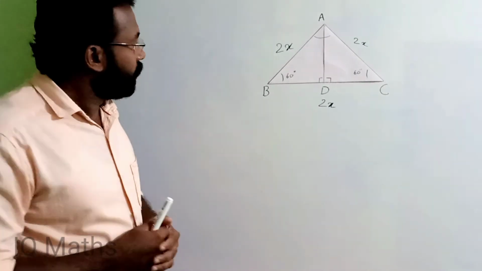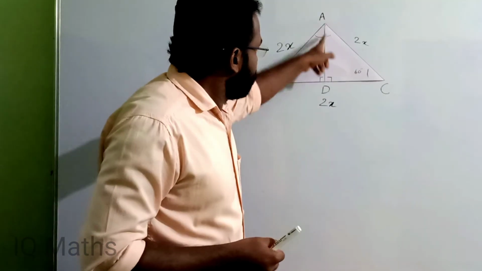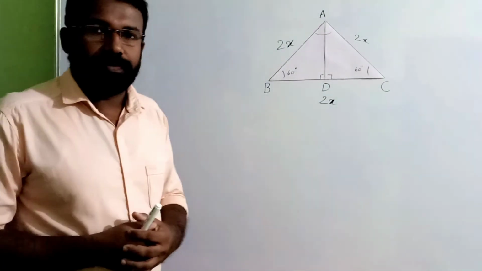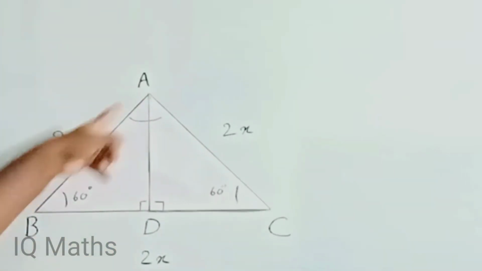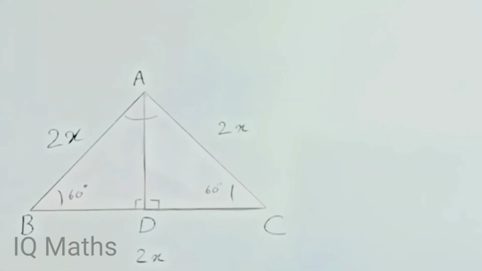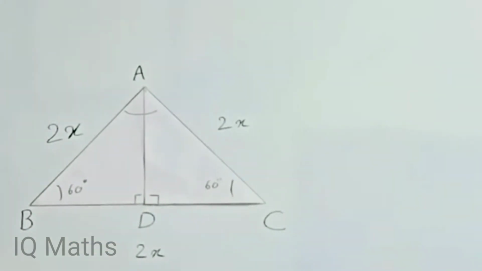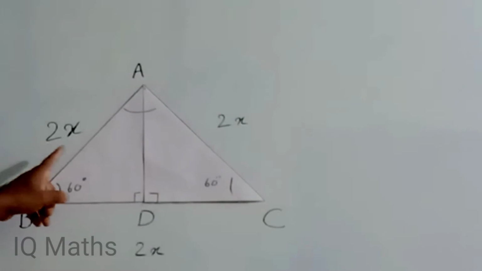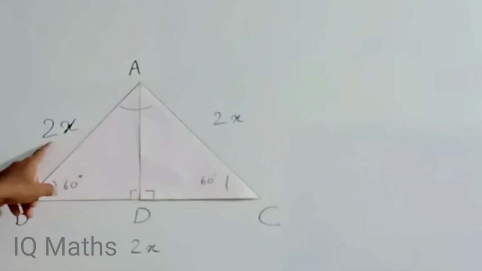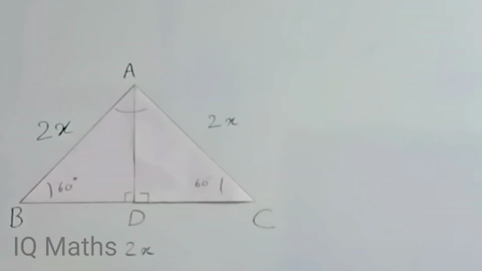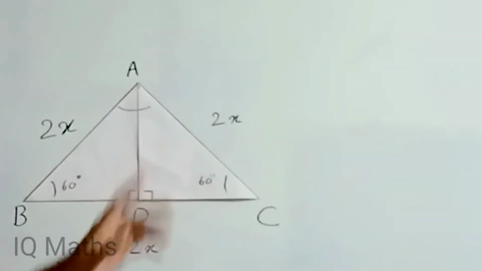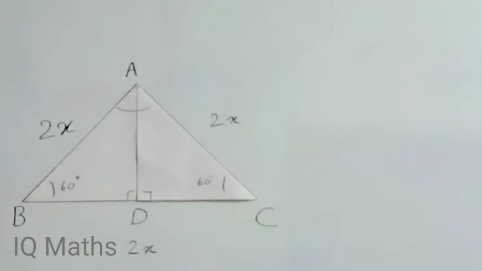Now consider two triangles ADB and ADC. ADB and ADC are right angle triangles. When we compare both, AB equal to AC, that we know, part of equilateral triangle, 2x and 2x. AD is common to both the triangles.